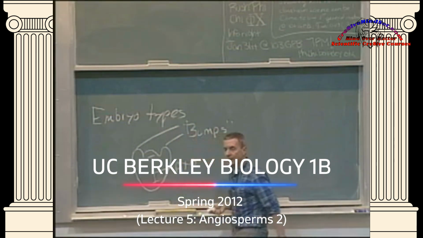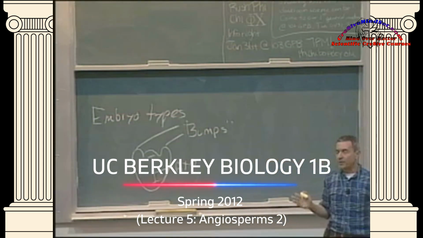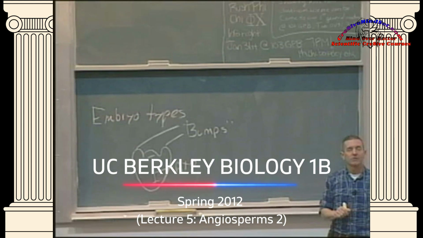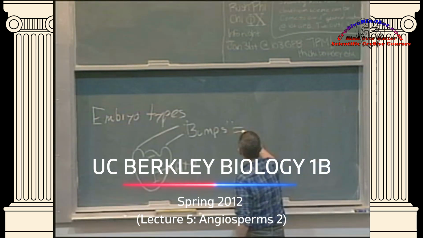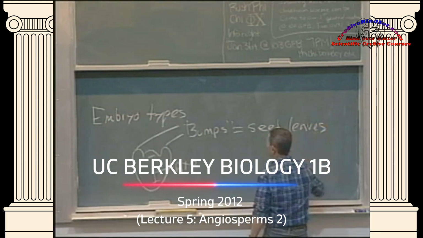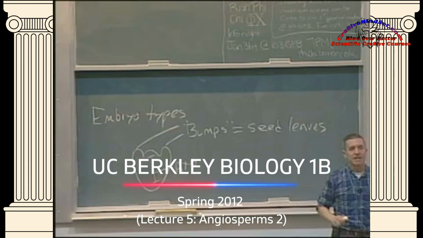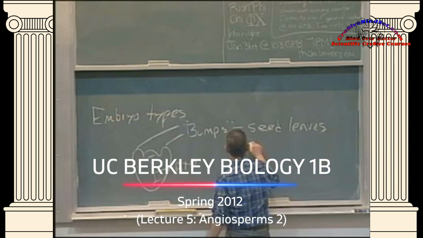So one category or division of the embryos would have embryos that have two bumps on either side of the embryo axis. These two bumps are known as seed leaves, and they're called seed leaves because they're in the seed. The technical name for these are cotyledons.